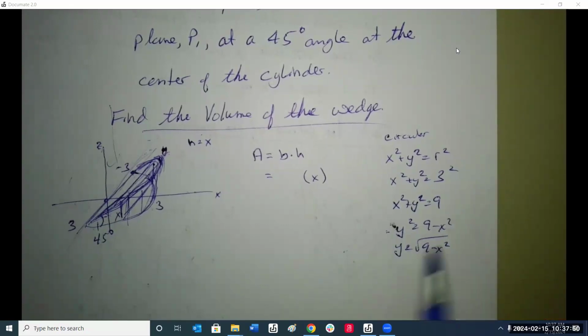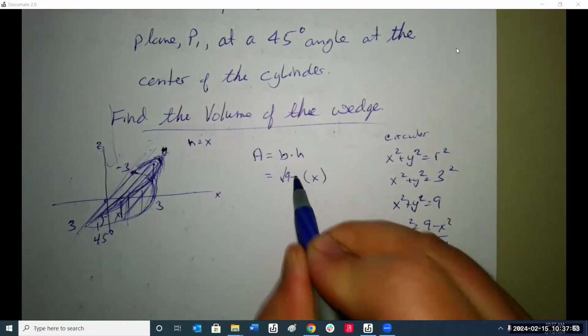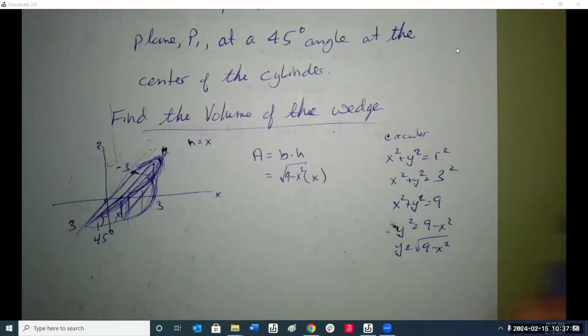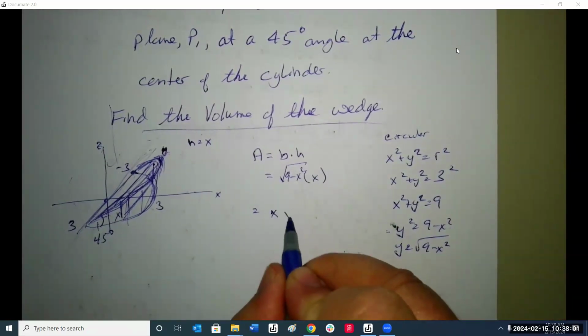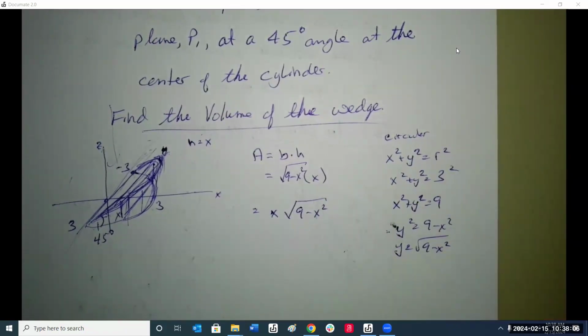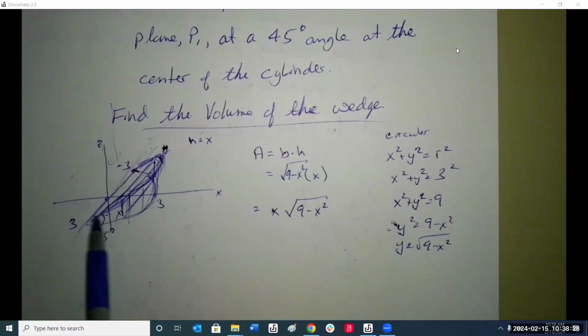Okay, so that equals that. 9, so we have x times square root of 9 minus x squared. So that would just be that part.